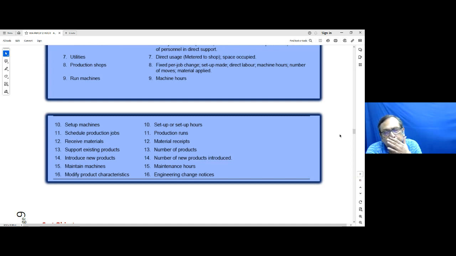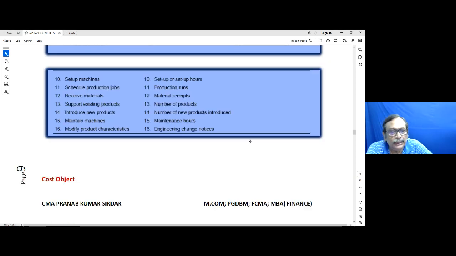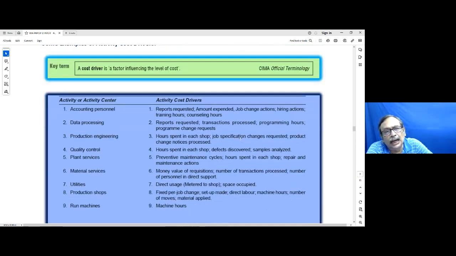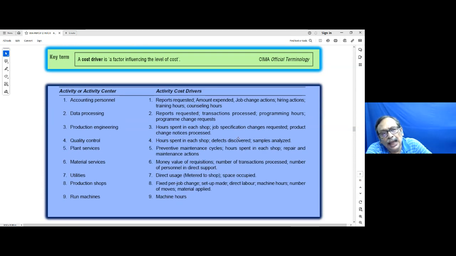Scheduled production jobs: production runs. Receive materials: material receipts. Support existing products: number of products. Introduce new products: number of new products introduced. Maintain machines: maintenance hours. Modify product characteristics: engineering change notices. So these are nothing but activities or activity centers vis-a-vis the activity cost drivers that can be used.